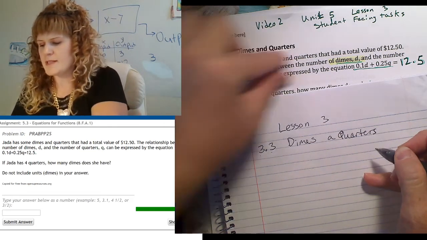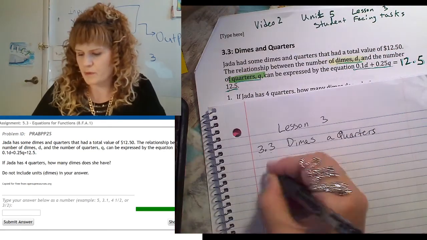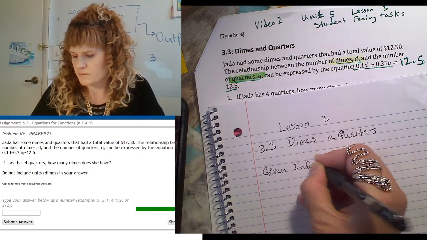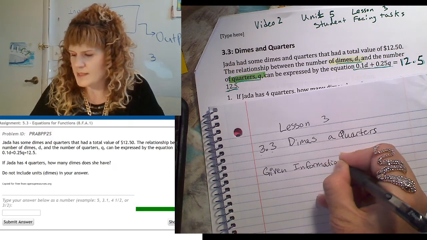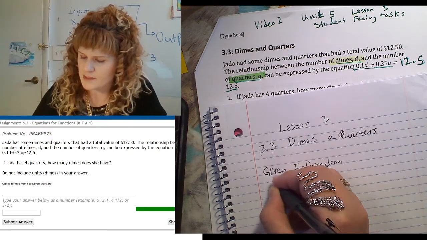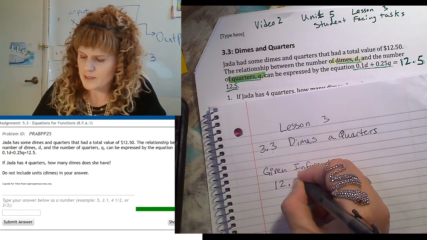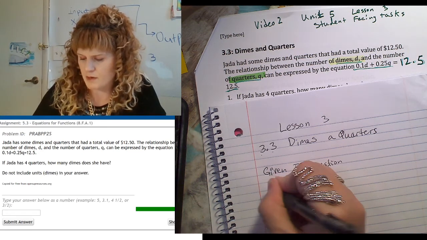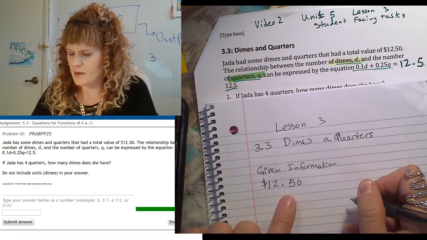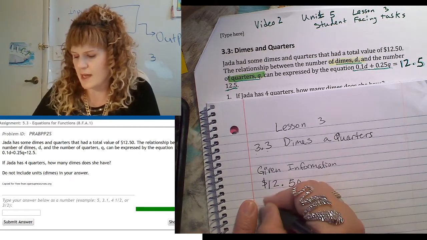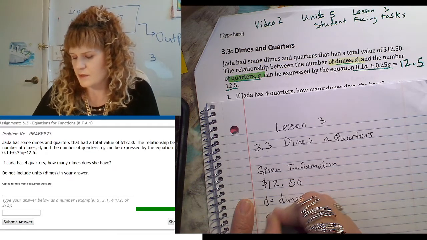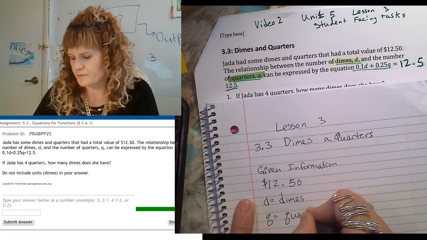And we don't want to write down all this stuff again, but we will write the given information. So what they tell us is she has a total of $12.50. And I'm not sure what we need to do with that yet, but I'm just going to make sure I write that down. They tell us that there is a relationship between dimes, which are D, so D equals dimes, and Q, which equals quarters.